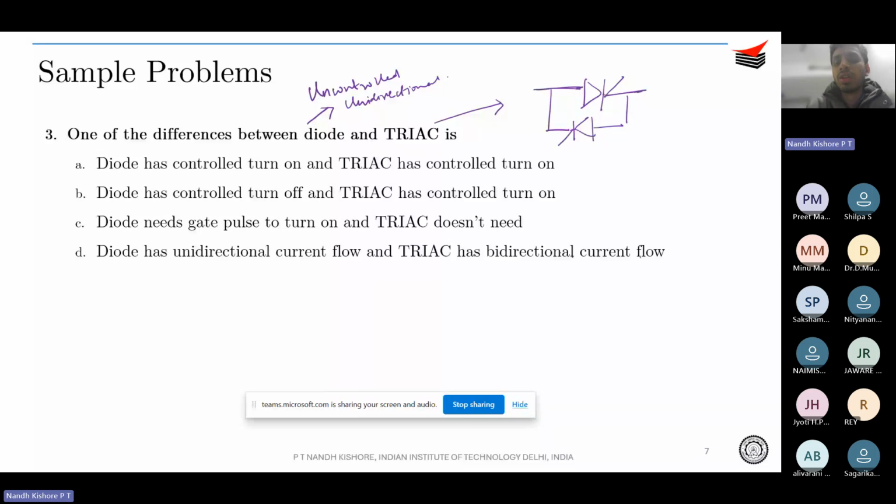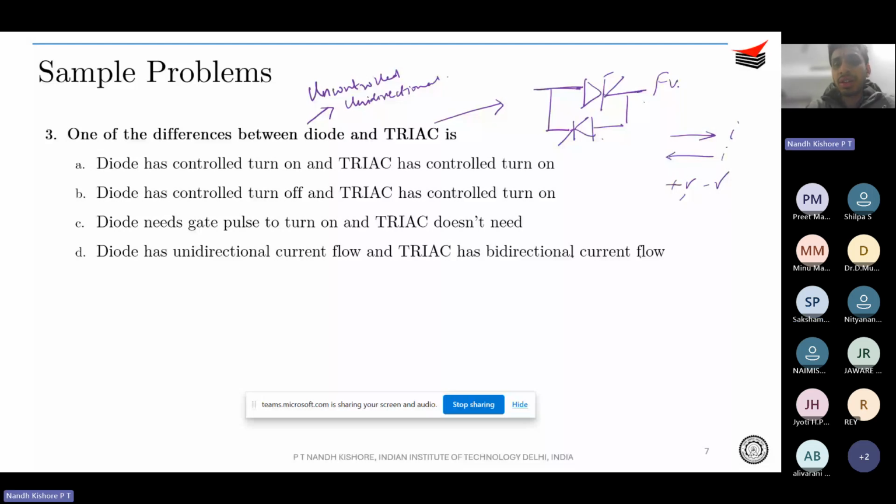So you can have current flow in this direction with this SCR, and current flow in this direction with this SCR, and of course you can block positive voltage as well as negative voltage. So positive voltage blocking is there, negative voltage blocking is there, and bidirectional current conduction is there, and it is completely controlled.